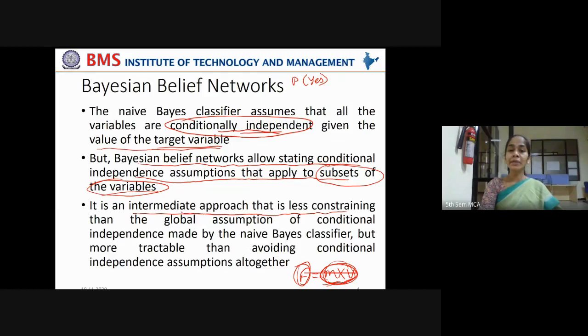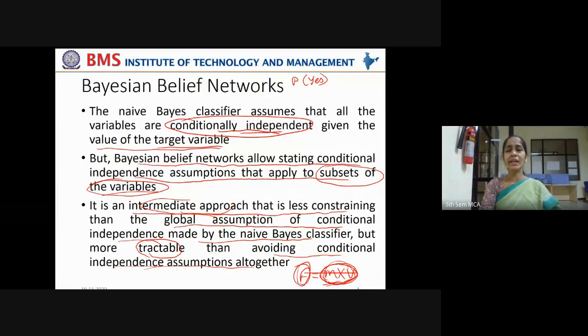So it is an intermediate approach that is less constraining, having lesser restrictions than the global assumption of conditional independence made by the Bayes classifier. But in this case, it is more tractable, it is more manageable, it is under our control. It is more tractable than avoiding conditional independence assumptions altogether.